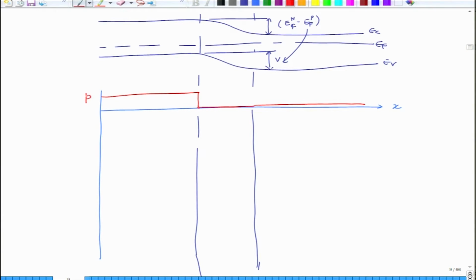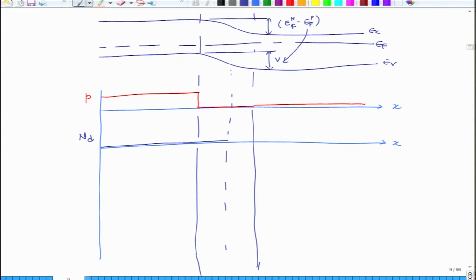So this is P. Now if you plot ND, this is ND now. ND is very large in this region, but this is the interface, the original interface.